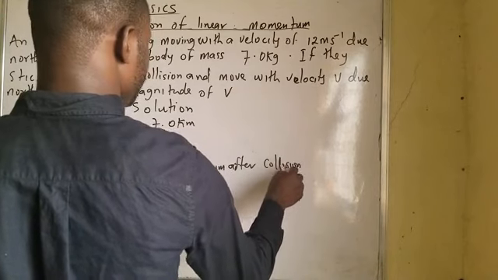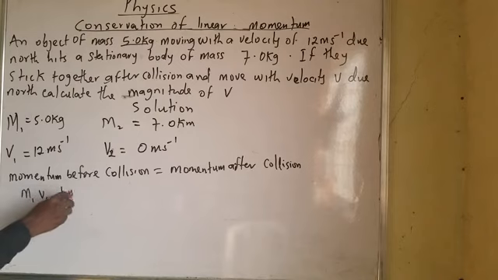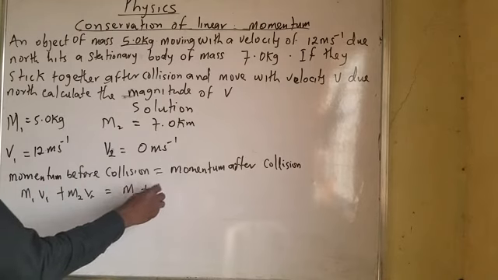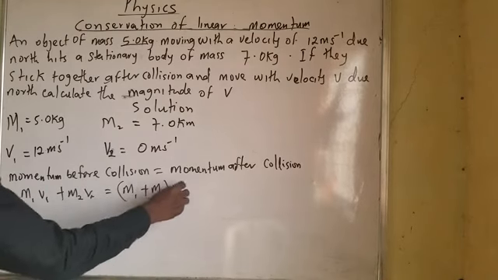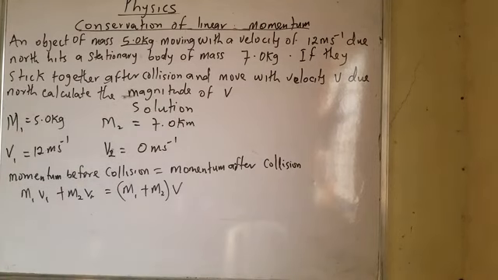That is what I'm going to work on. Before collision is M1V1 plus M2V2, which equals M1 plus M2 in bracket times the V we don't know, which is V. That is what you just need to do.